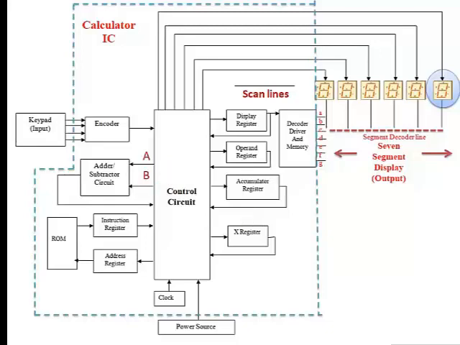In the next step, the controller routes the answer to the display register and shown in the display unit readout as 5. This is done by activating the scan lines A, C, D, F and G through decoder driver circuit.